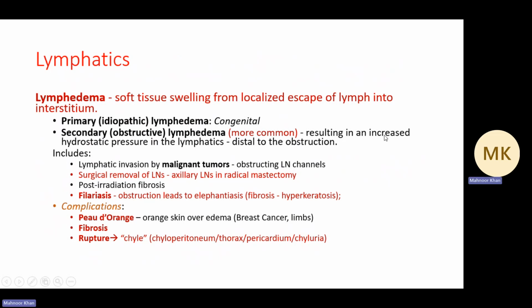This results in increased hydrostatic pressure in the lymphatics, which results in lymphedema distal to the obstruction. The most common causes for secondary obstructive lymphedema are malignant tumors obstructing the lymph node channels, surgical removal of lymph nodes, very common in breast cancer treatment after radical mastectomy, and filariasis.